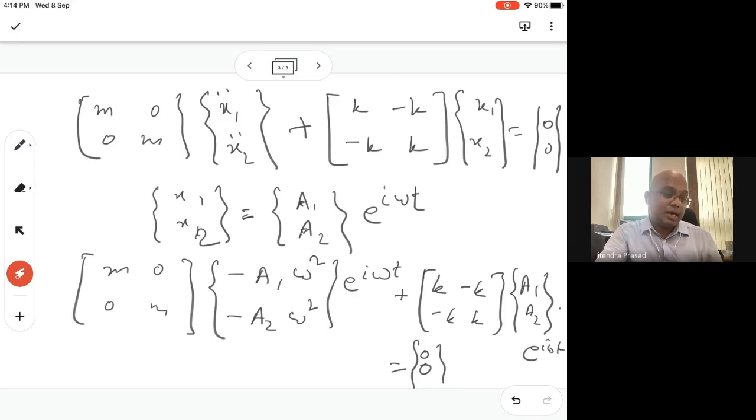Here we can get rid of e to the i omega t so that we just get the magnitude.